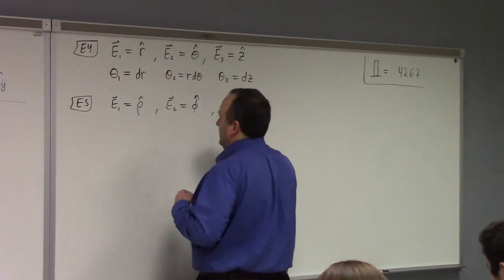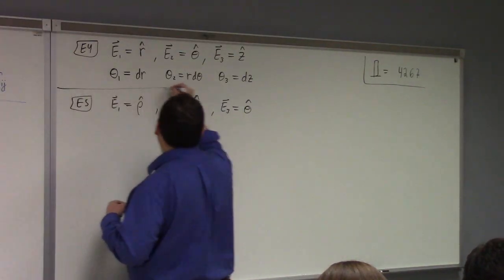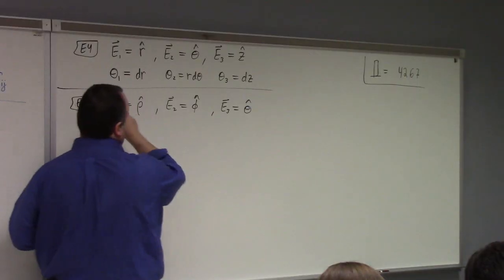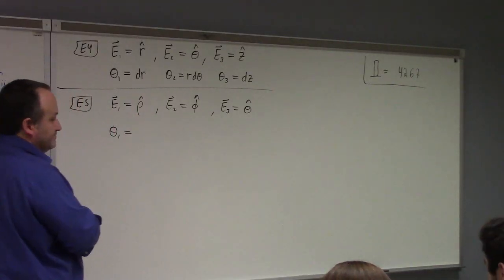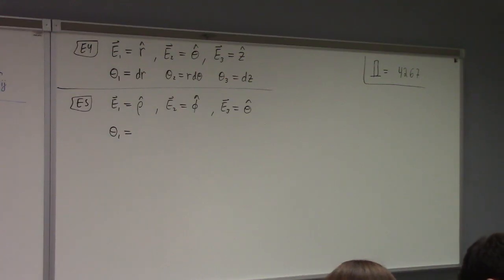So you can probably tell me what the coframe to this is. Theta 1 is what? Not rho squared. No. Just d rho.